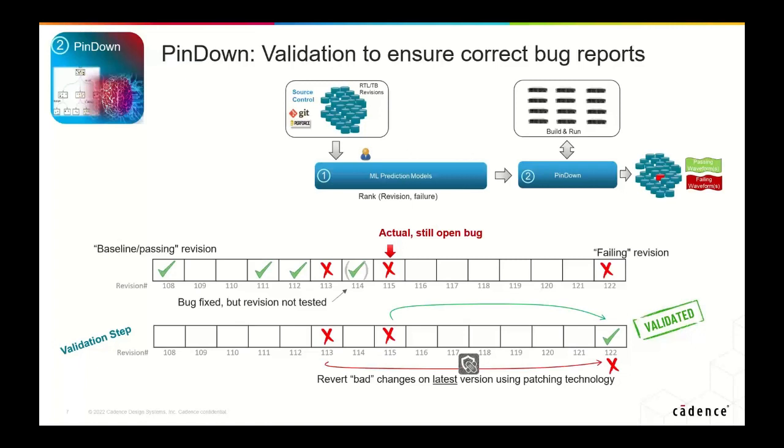So the ML ranking is very important to do the risk ranking, but even more important is to validate all the good guesses coming out, so we can pick the winner and have a fast bug report also being correct.